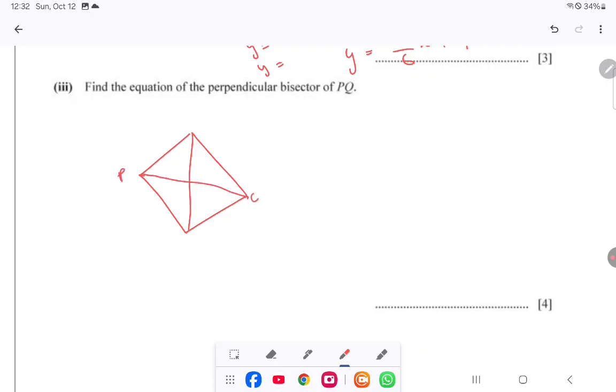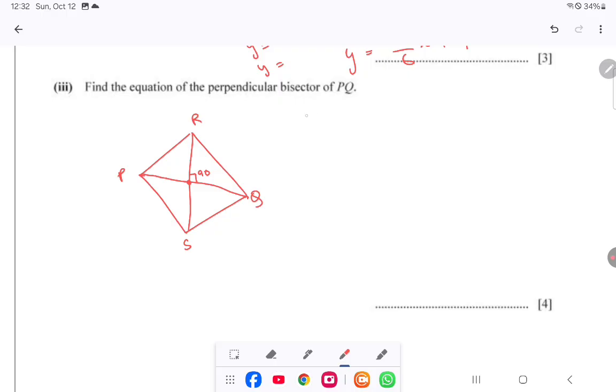This is our PQ, and find the equation of perpendicular bisectors of PQ. So we can say that this is our RS, perpendicular bisector making 90 degrees with the PQ. Now to get the point for the RS, which is the perpendicular bisector of PQ, we have to calculate the midpoint of PQ where both are intersecting.